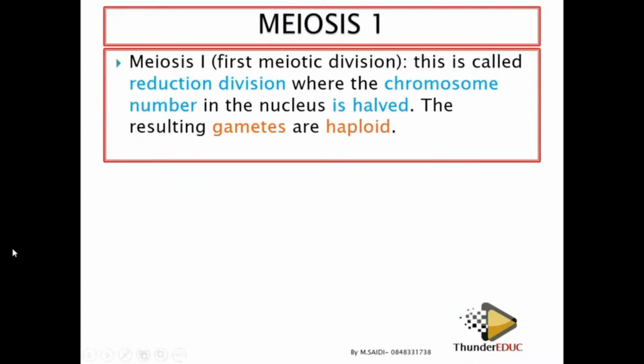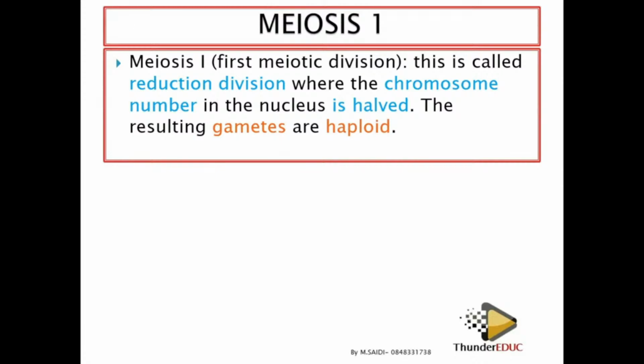So the first meiosis is called reduction division, whereby you start with 46 chromosomes. At the end of meiosis 1, you end up with 23 chromosomes in each cell. Hence, we call it reduction division. This division results in the reduction of the number of chromosomes from 46 to 23 in each cell.